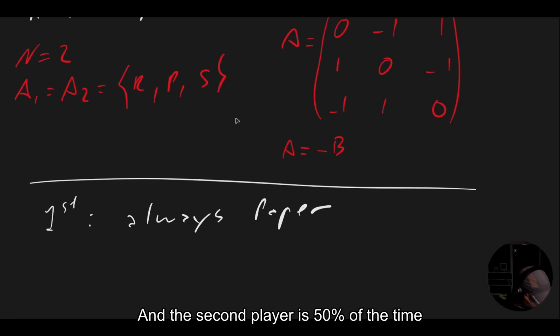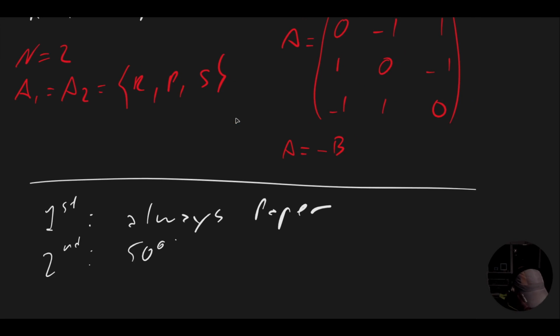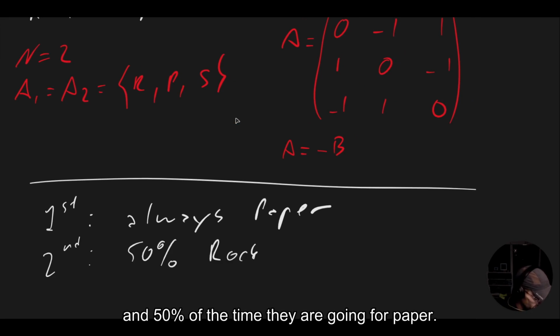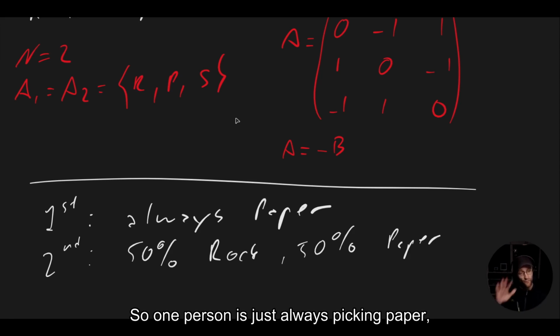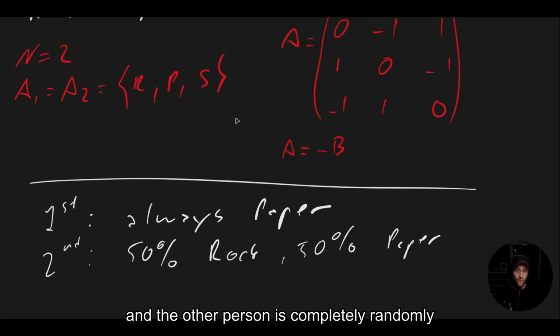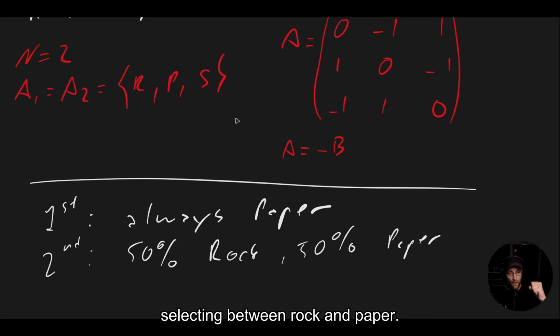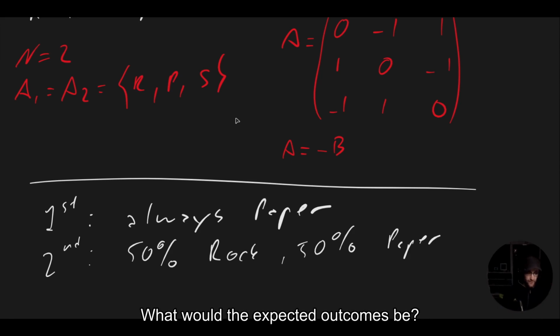And the second player, 50% of the time they are going for rock, and 50% of the time they are going for paper. So one person is just always picking paper, and the other person is completely randomly selecting between rock and paper. What would the expected outcomes be?